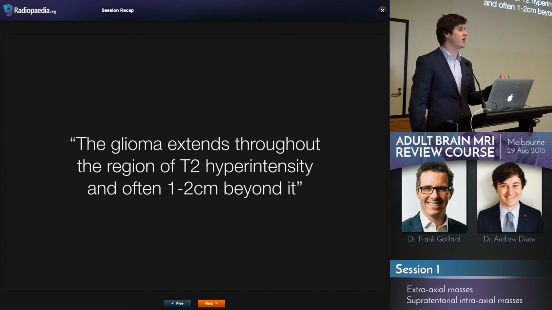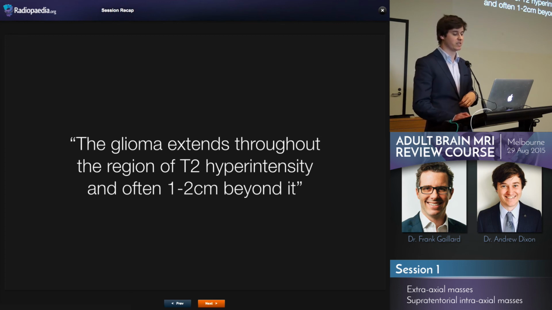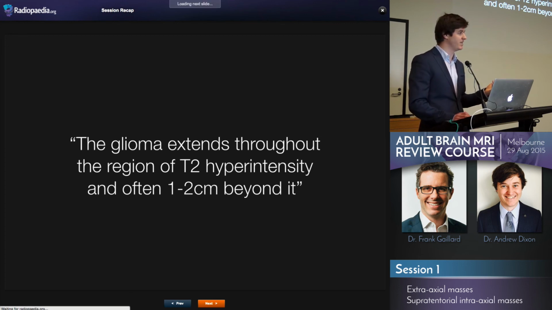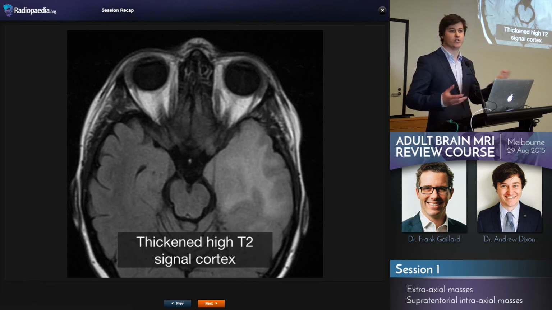But if you're dealing with glioma, the white matter hyperintensity is actually tumour cells, and in fact, even beyond that further, is tumour cells. Has implications for how you report a study. Instead of saying vasogenic edema is seen surrounding the lesion, you want to be saying things like there is T2 prolongation or T2 hyperintensity within the surrounding white matter. Okay? Try not to commit to the term vasogenic edema.